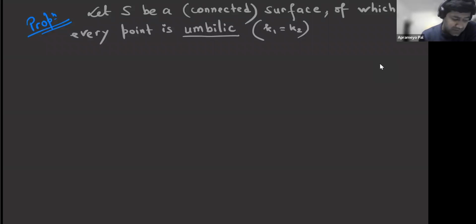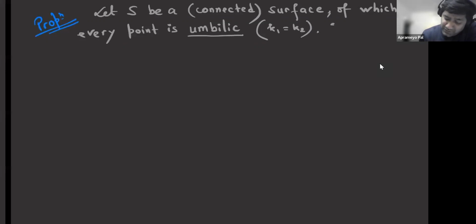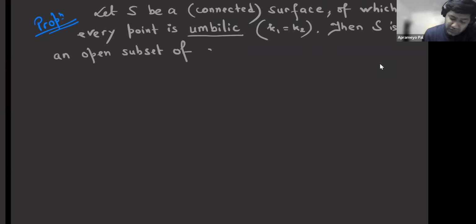So if every point is an umbilic point, then essentially S is an open subset of a plane or a sphere.